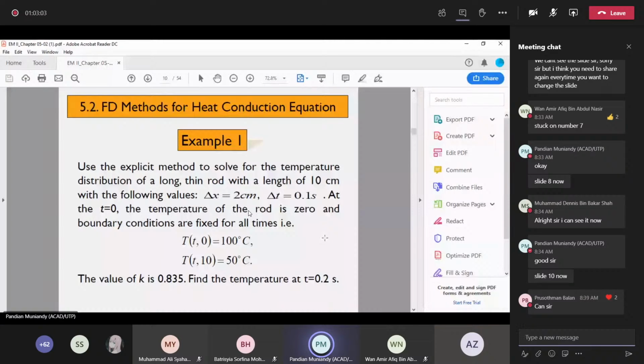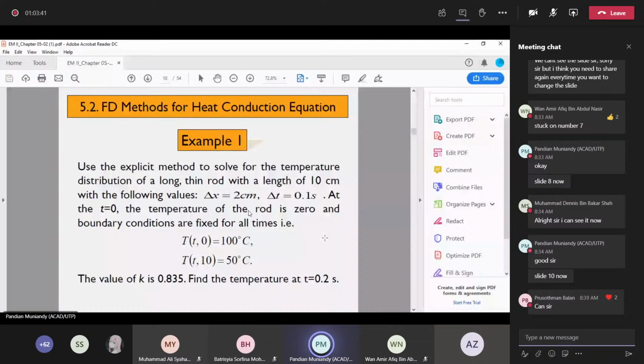Otherwise, you will confuse which variable is which. So the length is 10 cm with the following values. The del x is 2 cm, the step size for the distance. So from 0 to 10, del x of 2 cm means 0 to 2, 2 to 4, 4 to 6, 6 to 8, 8 to 10.